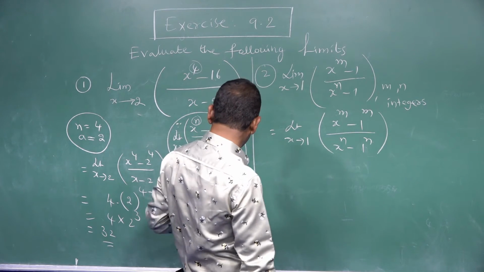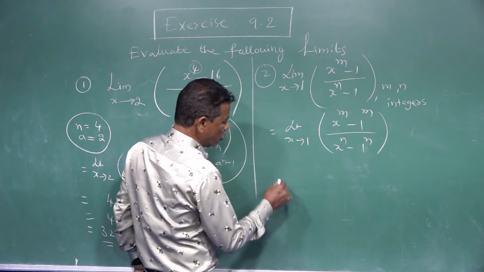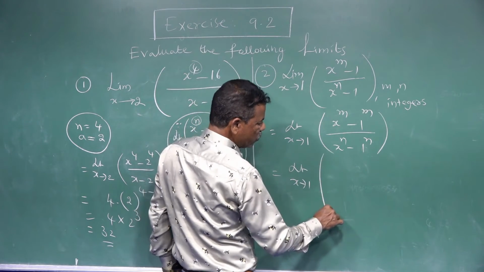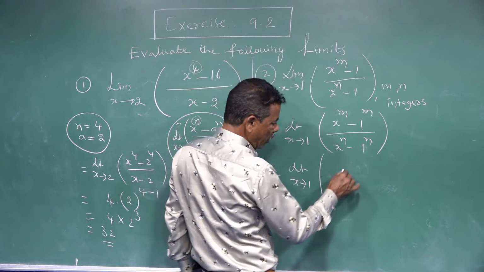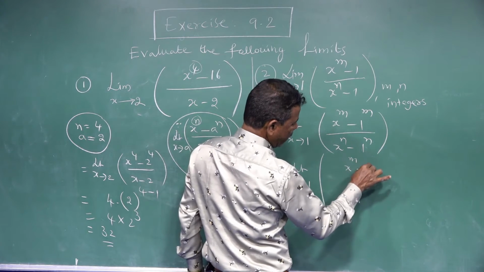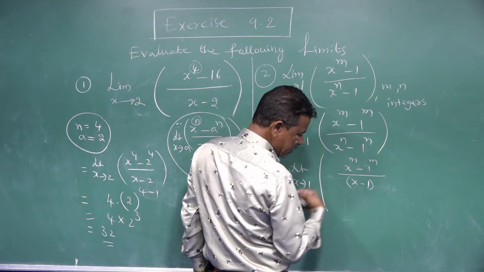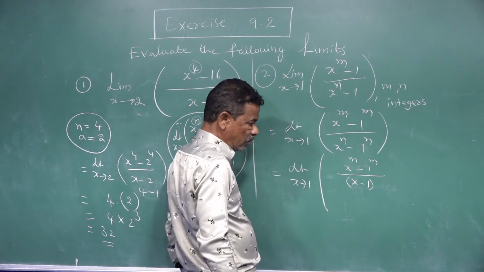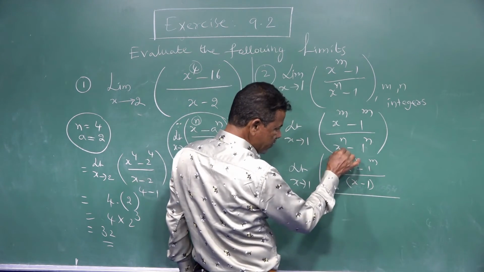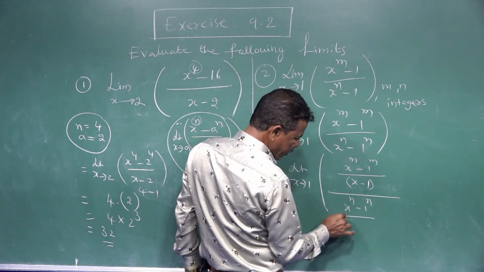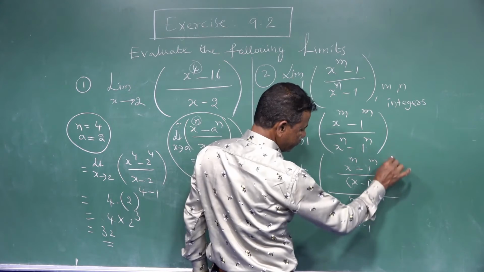So we write it as this formula. Limit x tends to 1, divide by x minus 1. So x to the power of m minus 1 to the power of m by division x minus 1. This is extra. Again this problem, x power of n minus 1 power of n division by x minus 1.